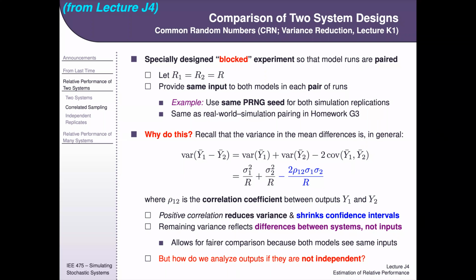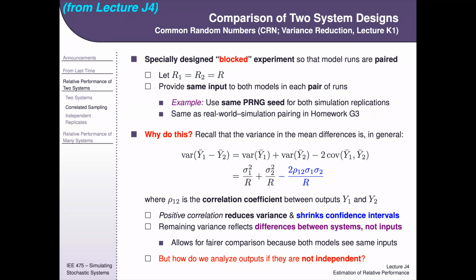Then for those, we could ask: if we generate a confidence interval on the weekday differences in performance, does that confidence interval include 0? That's basically what we're doing here. So they have the same number of replications for both systems, model 1 and model 2. I'm just going to call it R. We're going to put the same input into both systems.